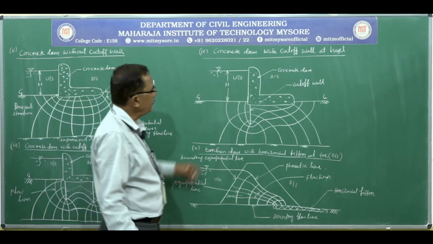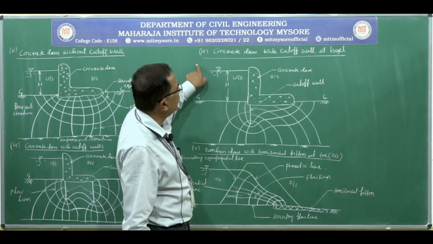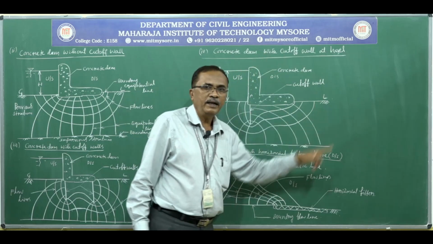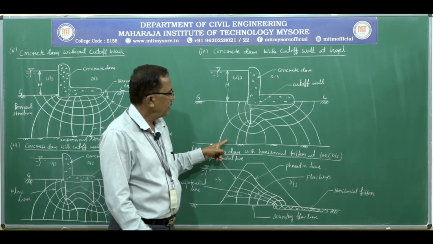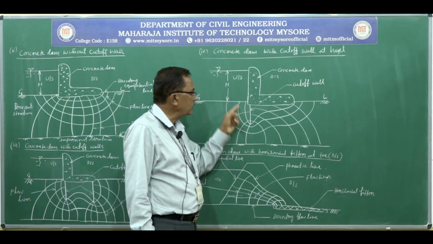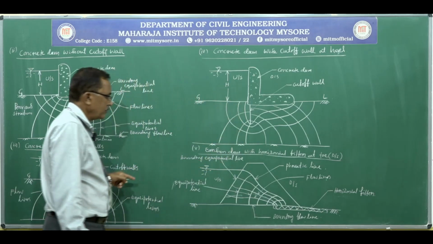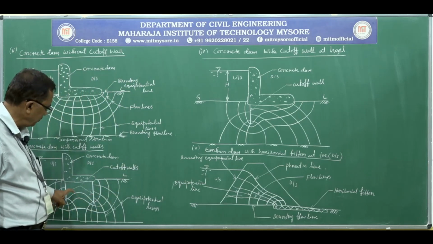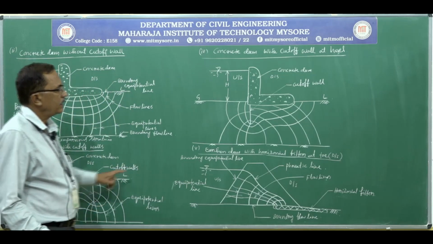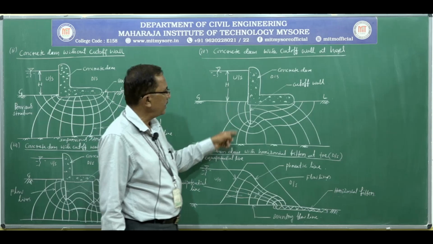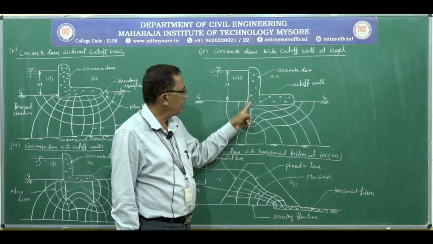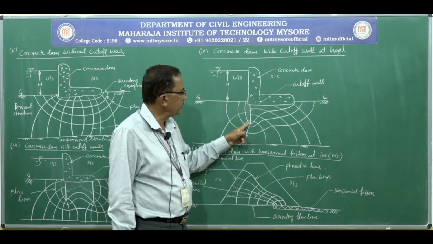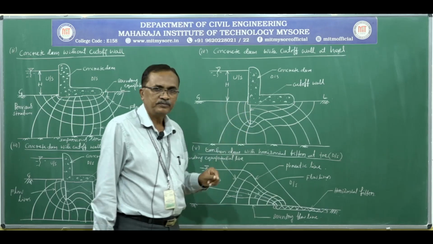The next figure shows a concrete dam with a cut-off wall only at the upstream heel portion. If the seepage below the dam is moderate, under that circumstance we can provide a cut-off wall below the dam at the heel portion.